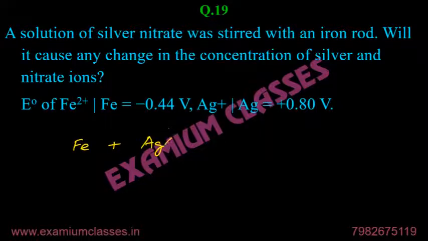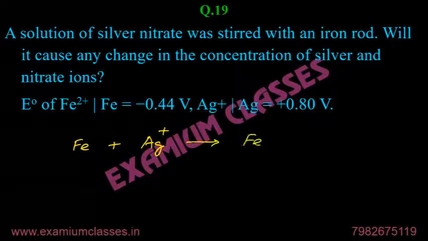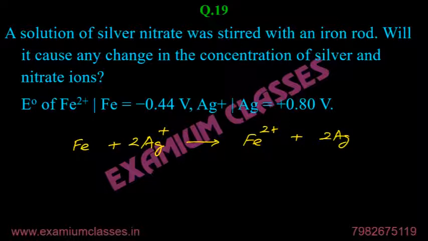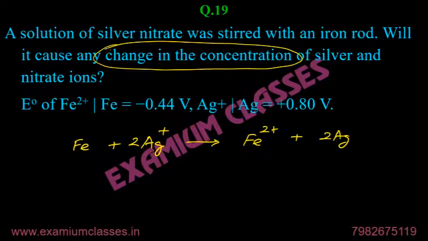Silver nitrate is AgNO3, so you write Ag plus. Tell me whether the reaction will happen or not, or whether there will be any change in concentration of silver and nitrate ions.